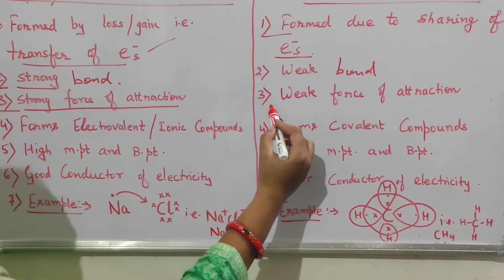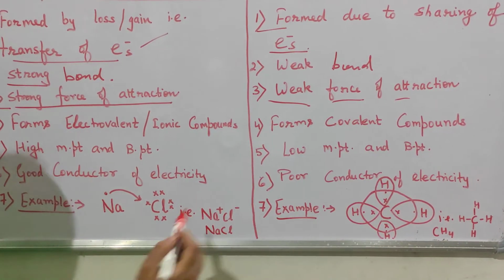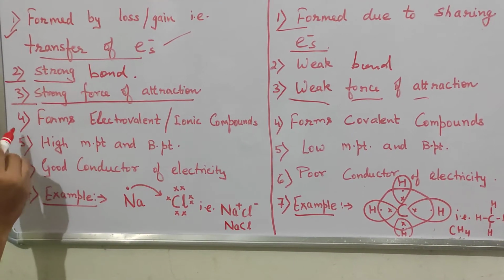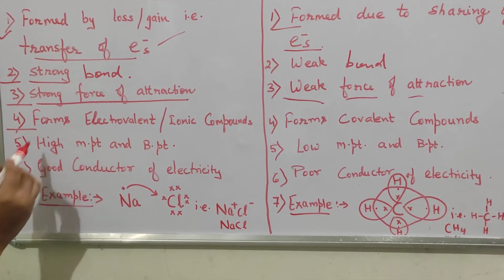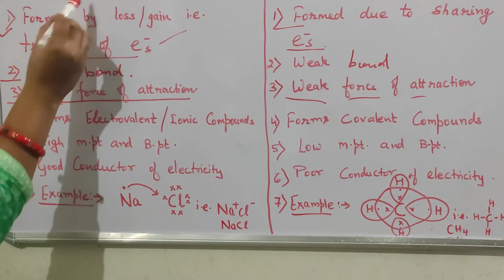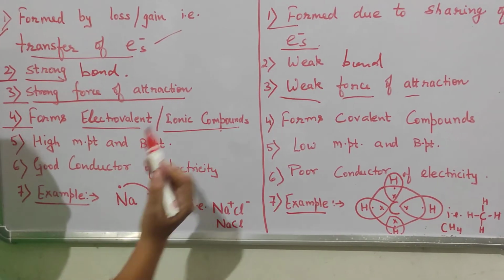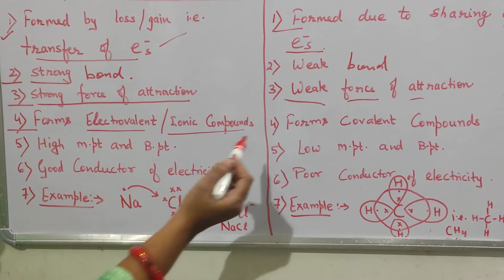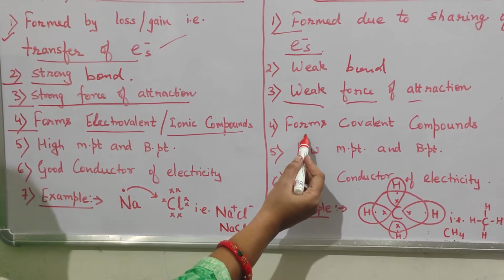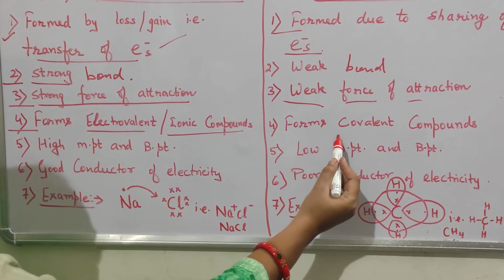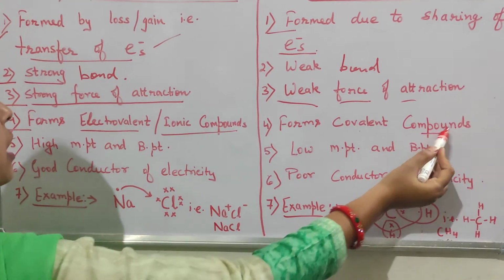Covalent bond, there is a weak force of attraction, just opposite of it. Fourth point, due to the electrovalent bond, electrovalent or ionic compounds are formed. Now, here for the covalent, due to covalent bond, covalent compounds are formed.